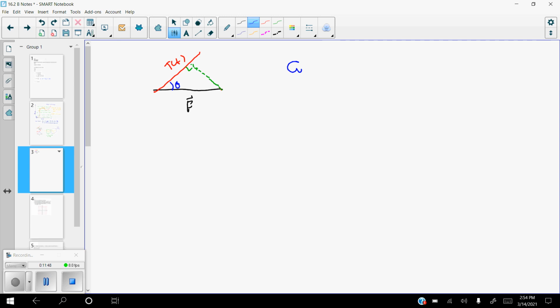So this is what we know. We know that cosine of that angle is the adjacent over the hypotenuse. We're going to call this adjacent side here h.